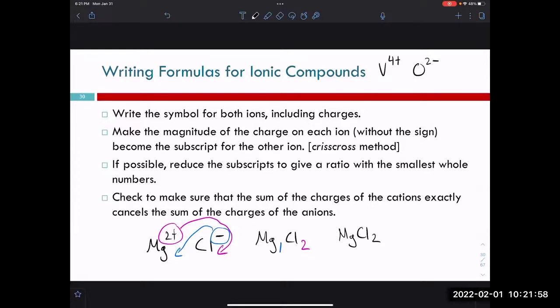So we do this crisscross method and we'll get V2O4. We would reduce this to the smallest whole number ratio. Because we can divide both of those by 2, we'll divide them by 2. And our answer here would be VO2. And then if you want to, you can write the charges out, multiply them by the number of the atom, and see if they add up to 0.